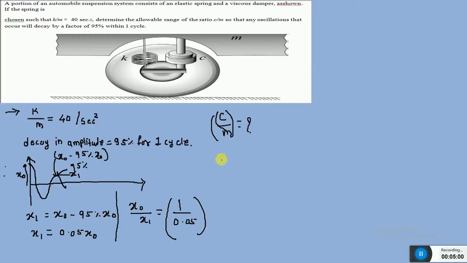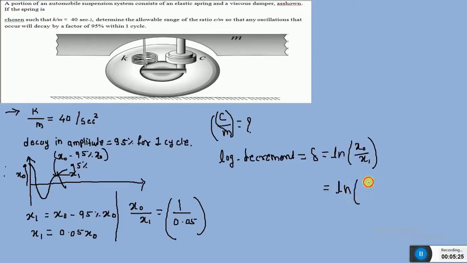So for the delta, that is nothing but the logarithmic decrement, it is equal to log to the base e, that is ln x0 by x1. So x0 by x1, this ratio is 1 upon 0.05.